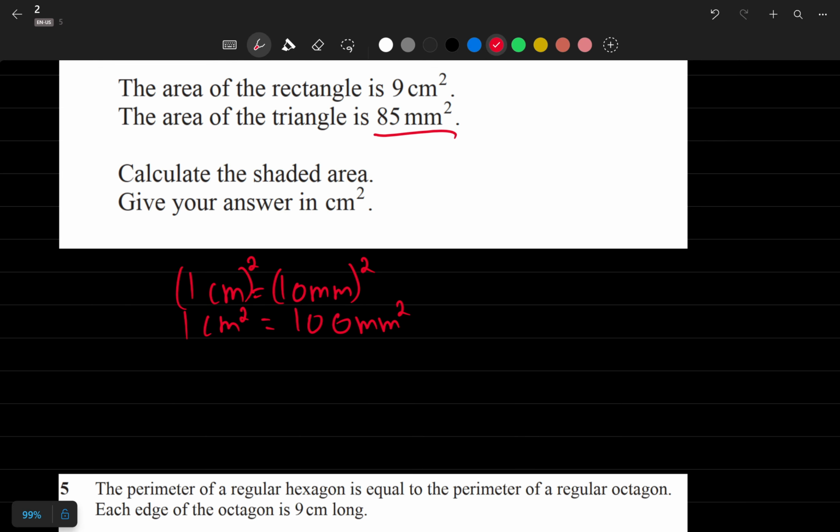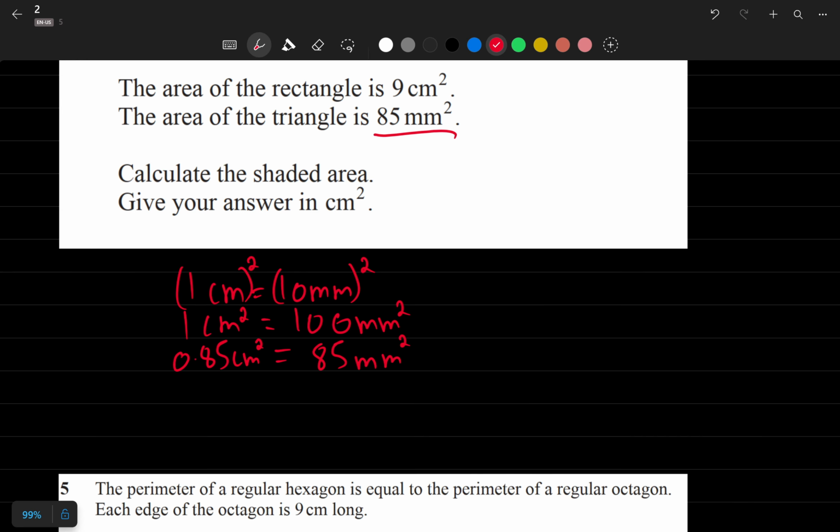Now you have 85 millimeter square, which will be equal to 0.85 centimeter square. So you have converted this unit into 0.85 cm square.